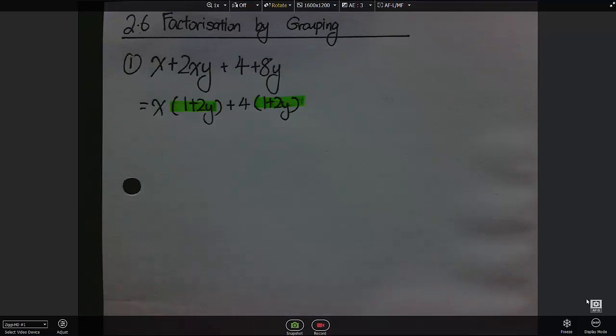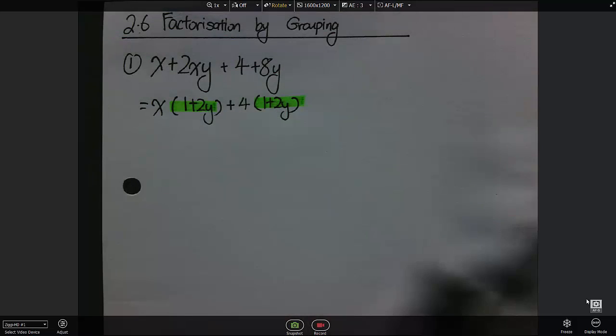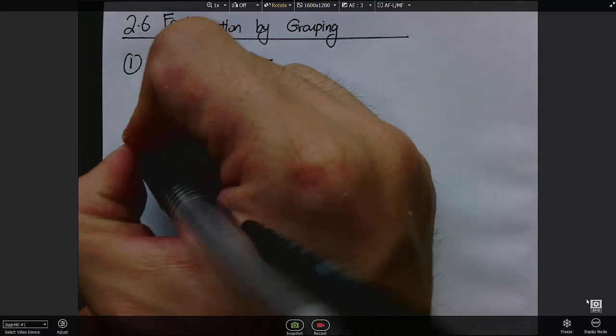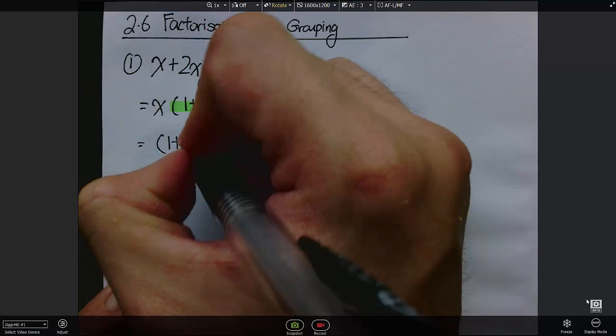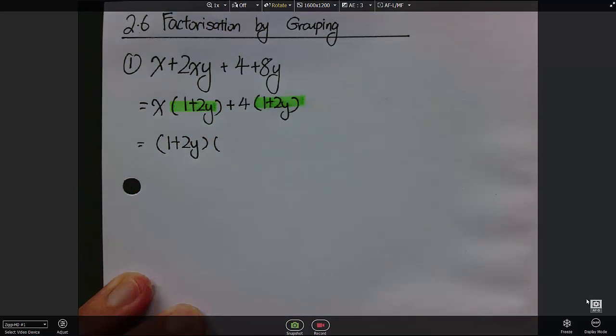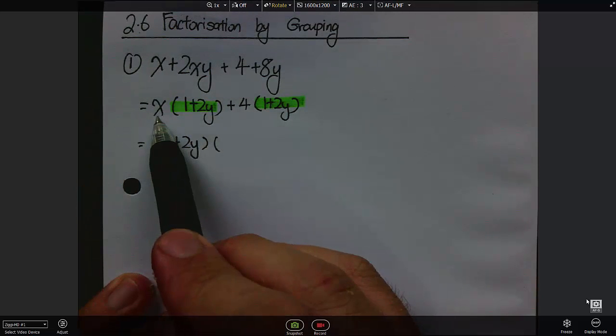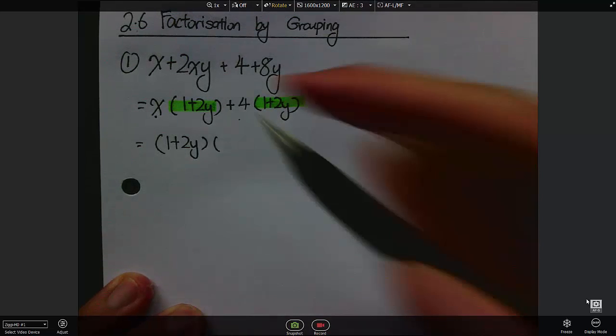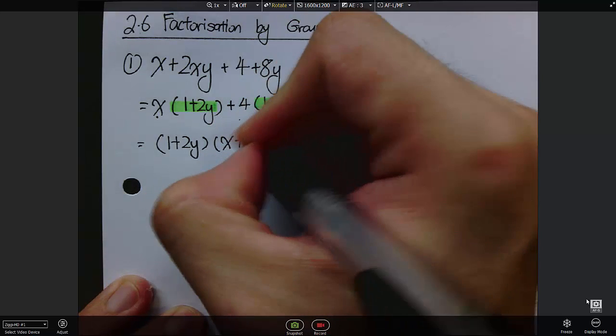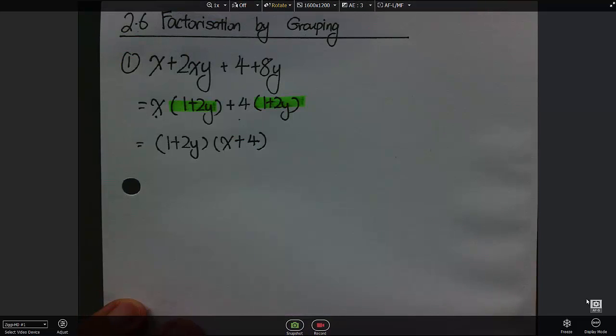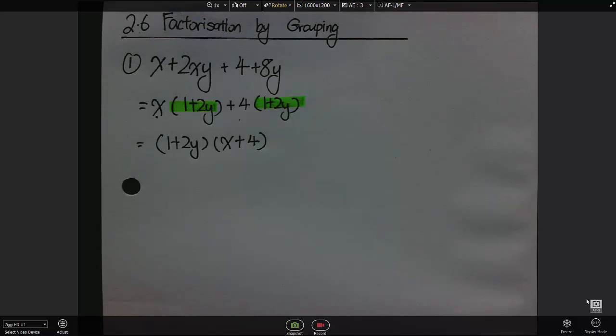So I can factorize 1 plus 2y from both of them. I write down 1 plus 2y, and what I have left over is x plus 4. So I write x plus 4 inside the bracket, and I am done with the first question, where I factorized these 4 terms by grouping.